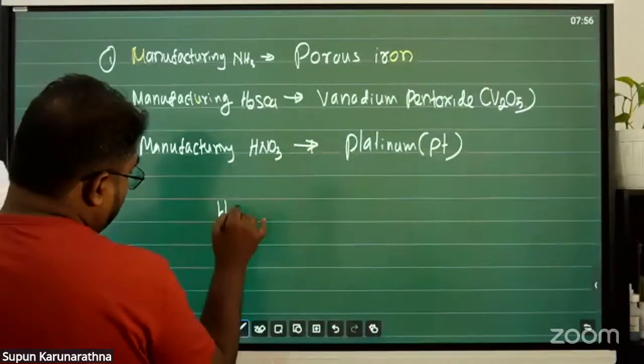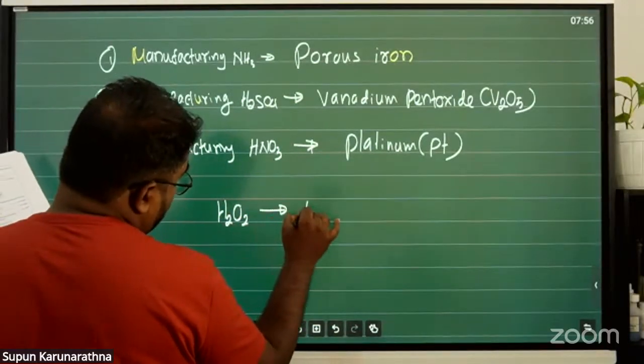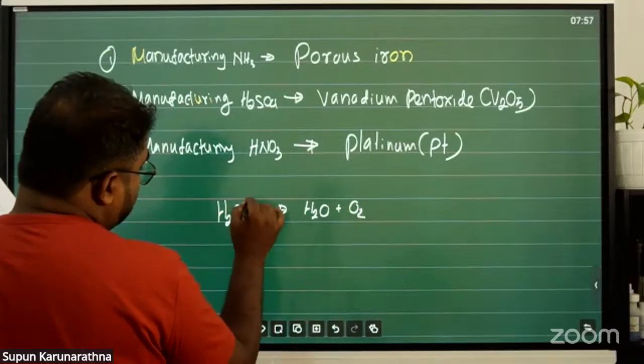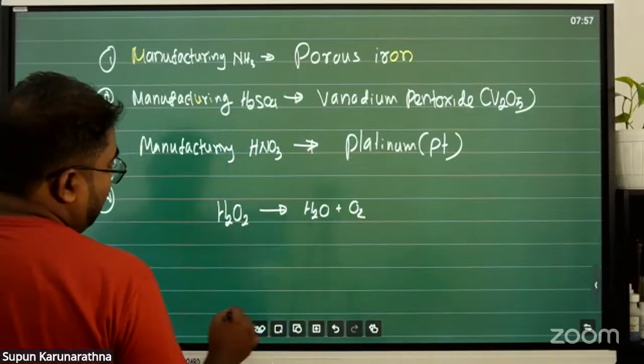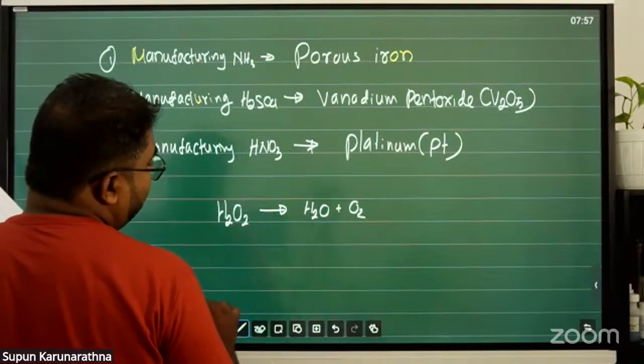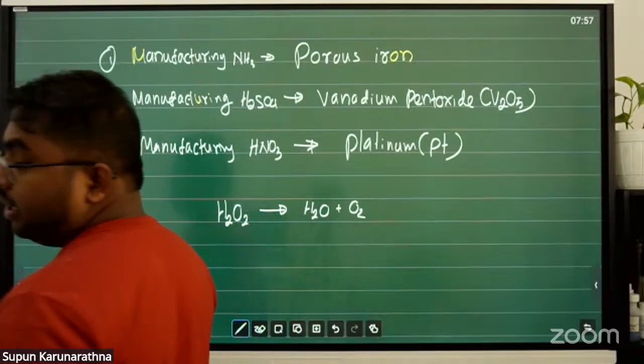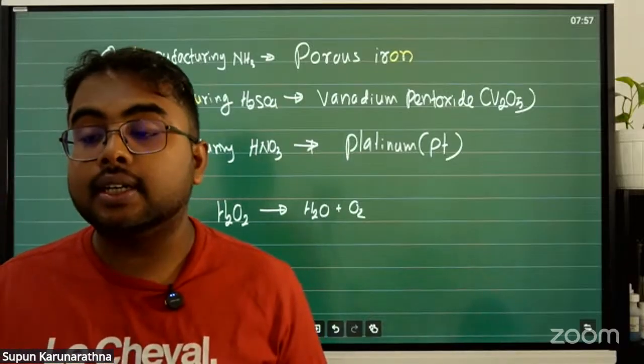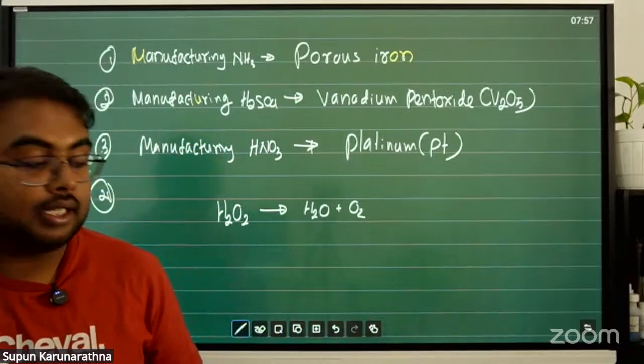Hydrogen peroxide, H2O2, decomposes to H2O and O2. When sulfuric acid is added, the rate of decomposition is reduced. Therefore, here sulfuric acid is an inhibitor.